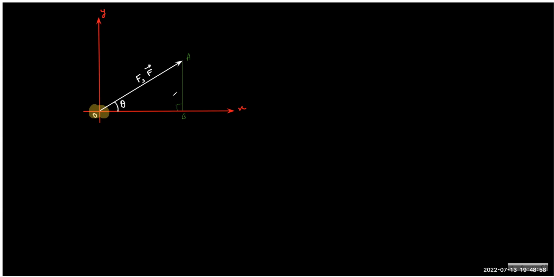That's pretty easy. Tell me guys, what is the length OB representing here? We call it the component of F in the direction of the x-axis. The other way of thinking is how profound or how effective the force is in the x direction.